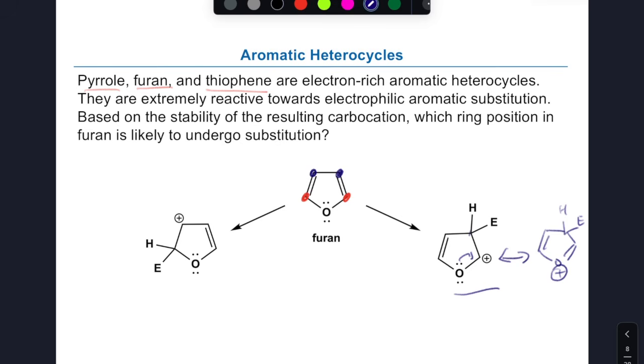However, the red carbon presents us with another opportunity. So I can actually draw one resonance isomer like this, which puts it as follows. So double bond, hydrogen and E, and positive charge here. And there's actually one more that's possible now because of the lone pair on the oxygen.